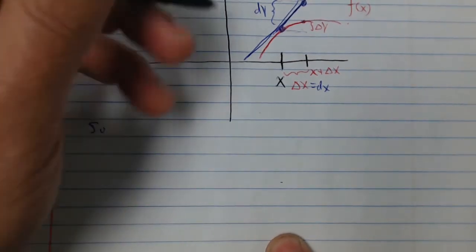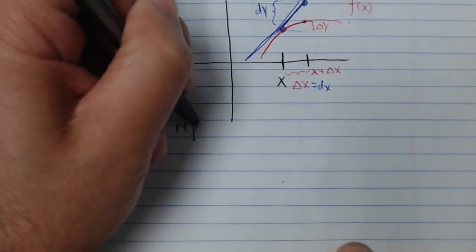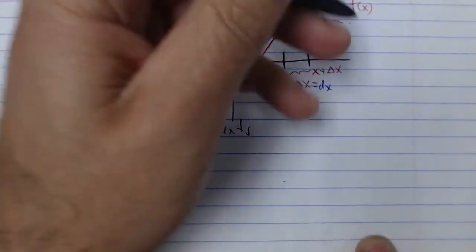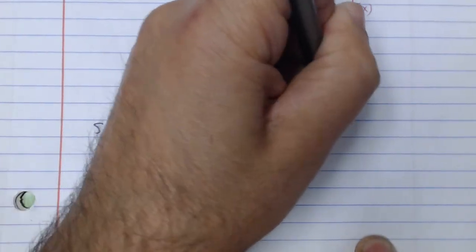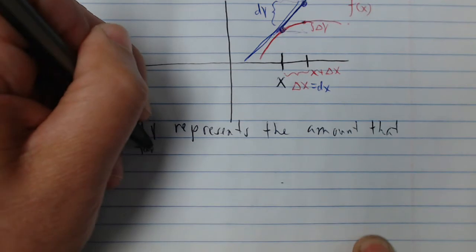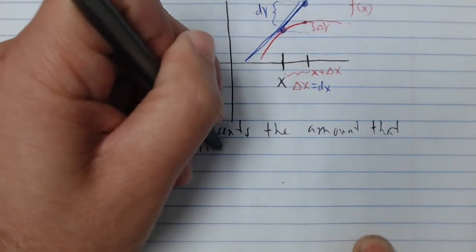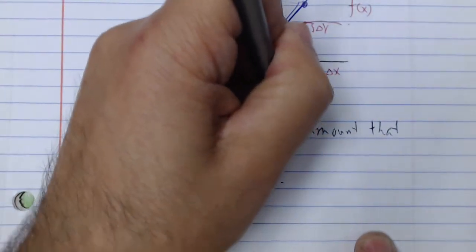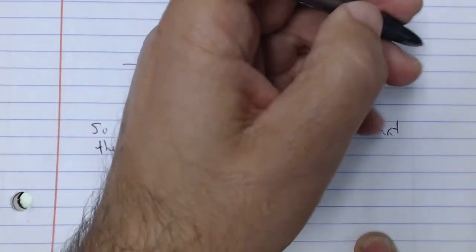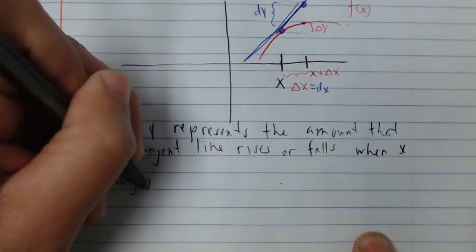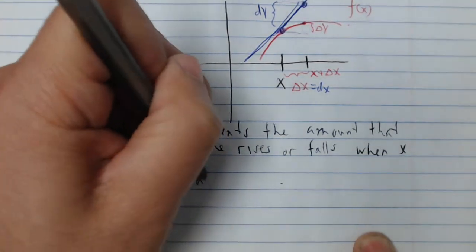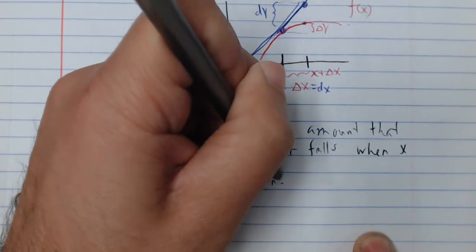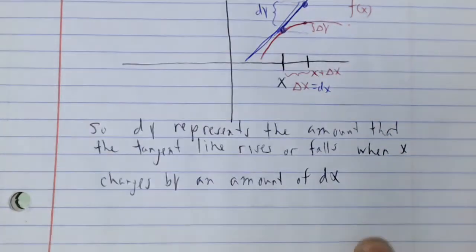So what we could say is that dy represents the amount that the tangent line rises or falls when x changes by an amount of dx.